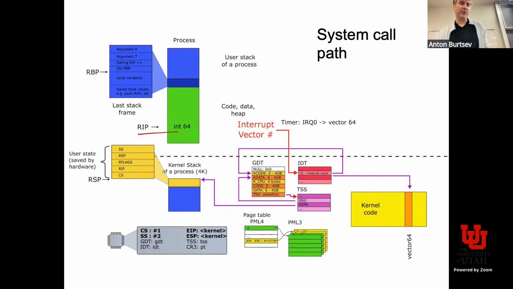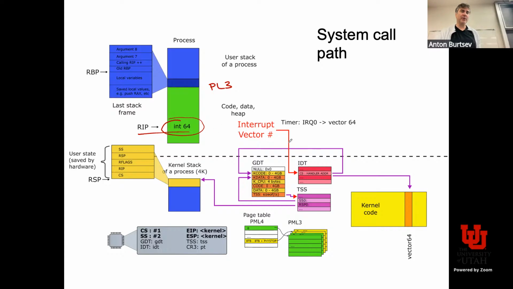So either you get preempted or you invoke int 64 doing a syscall. During the system call transition, everything follows the interrupt rules, because you just invoke interrupt 64, and it works because we marked interrupt 64 as invocable from privilege level 3. That's why this instruction goes through without causing a protection violation.